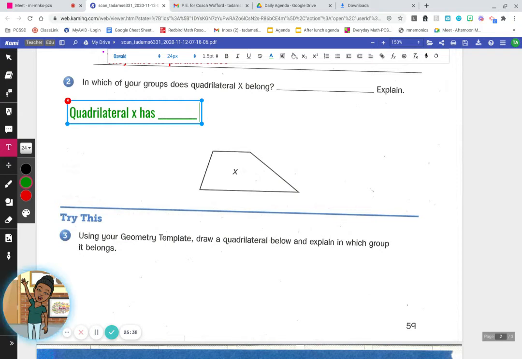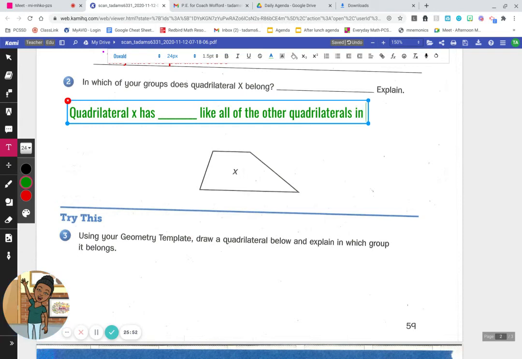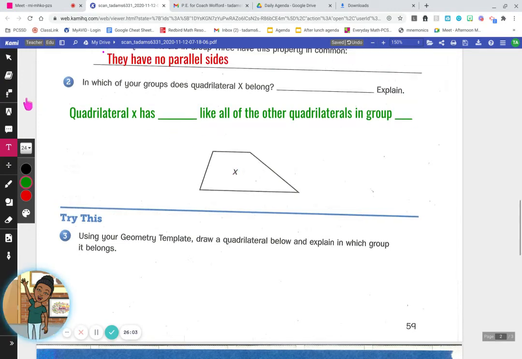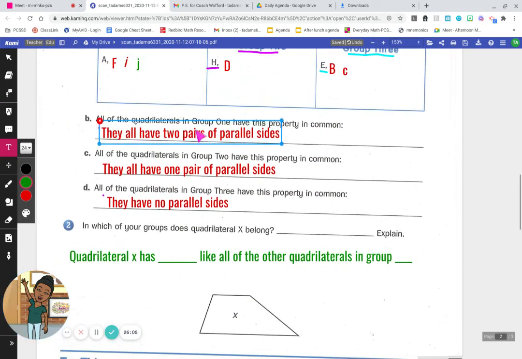Quadrilateral X has 1 pair of parallel sides, 2 pairs of parallel sides, or 0 pairs of parallel sides, just like all of the other quadrilaterals in group, what group again?